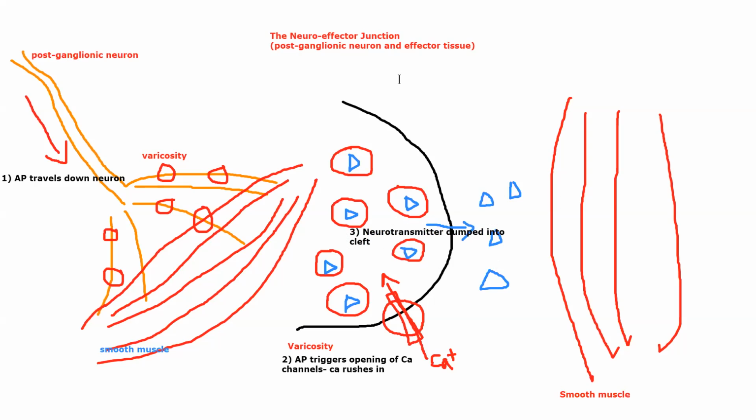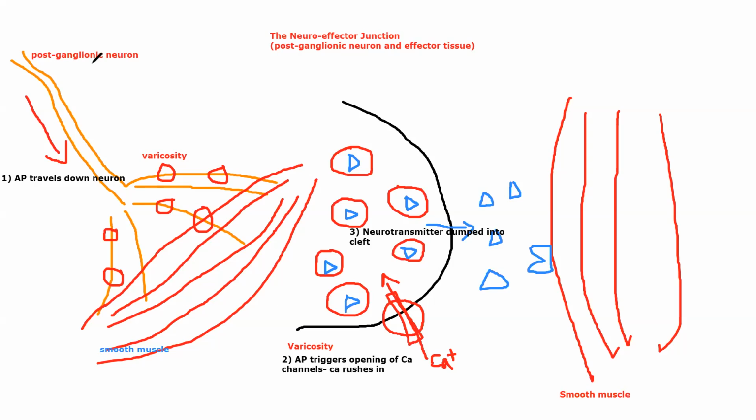Step 4, it happens on the membrane of the smooth muscle. And this is where we've got our receptor, right? Remember, we have a receptor that is unique to this neurotransmitter. So if it's acetylcholine, it's going to be a muscarinic receptor, so not a nicotinic receptor, because we know that nicotinic receptors are not found on effector tissues.